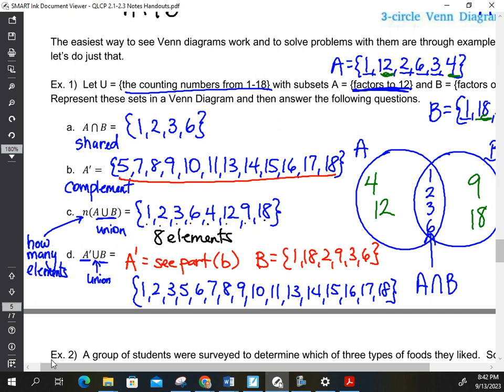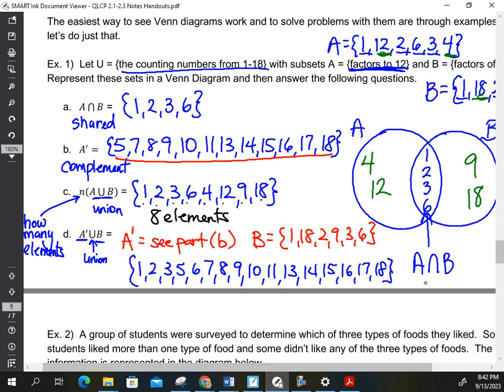Problem 1 was designed to illustrate Venn diagrams, but also to illustrate what we did in section 2.2, just in case you need a little bit of a refresher. All right, so let's keep going.